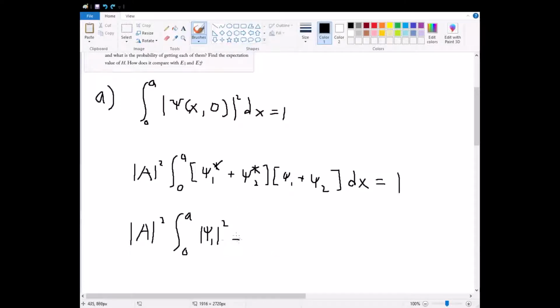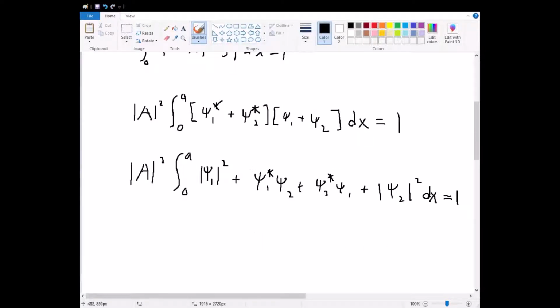And we're going to add psi 1 star times psi 2 plus psi 2 star times psi 1, which is just the middle terms getting multiplied. And then finally, plus the magnitude of psi 2 squared, because we have psi 2 star times psi 2 at the end. And all of this capped off with dx must equal 1 by normalization.